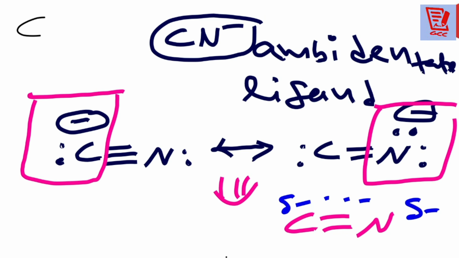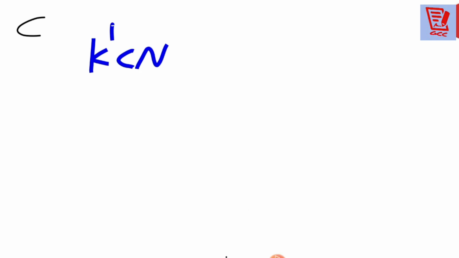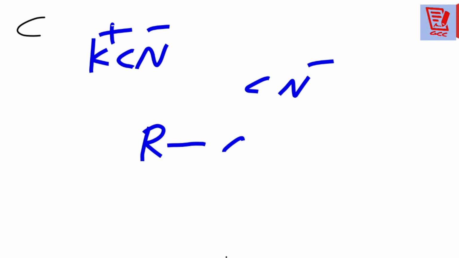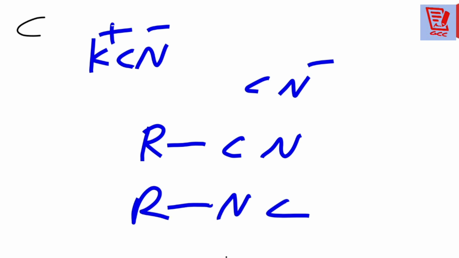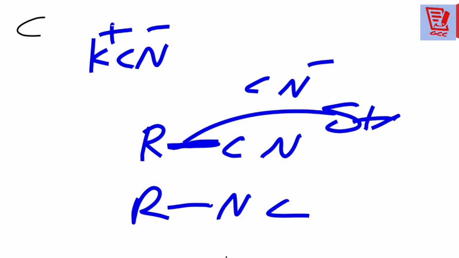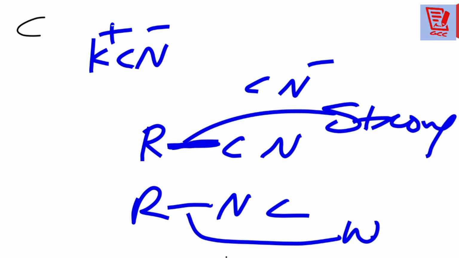Now, why do we get different products? You just see. In case of KCN, KCN is an ionic compound. Here CN negative is totally free, which means it has no relation with K positive. So R can make a bond with the C, and R can also make a bond with the N. But just remember, the R-C bond is a strong bond as compared to the R-N bond, which is the weak bond.